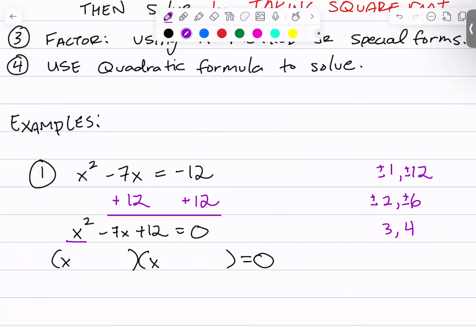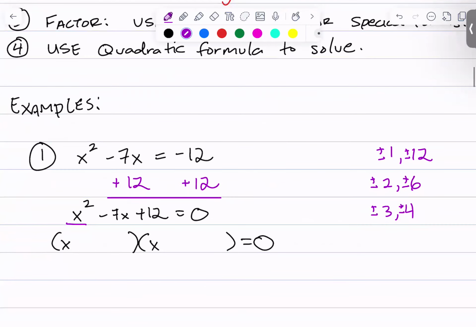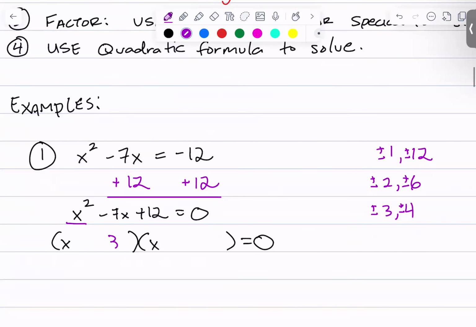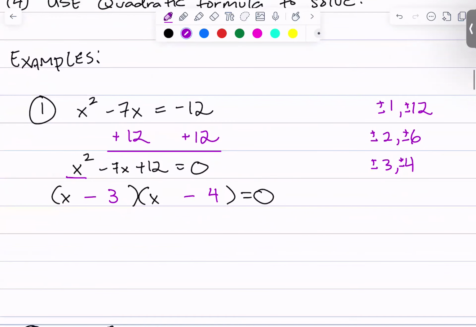So what 2 numbers get me a sum of negative 7 and a product of 12? 3 and 4, but negative 7, so it has to be negative 4 and negative 3. Negative 3 times negative 4 is positive 12. Negative 3 plus negative 4 is negative 7. So we fulfilled our factoring requirements.